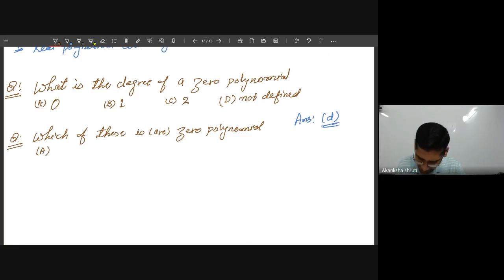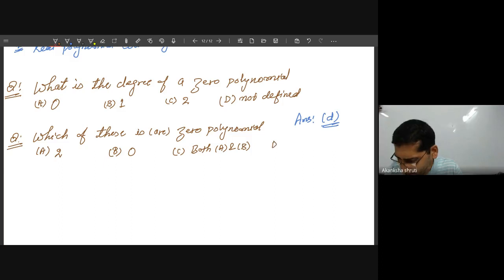Option A is 2, B is 0, C is both A and B, option D is none of these.